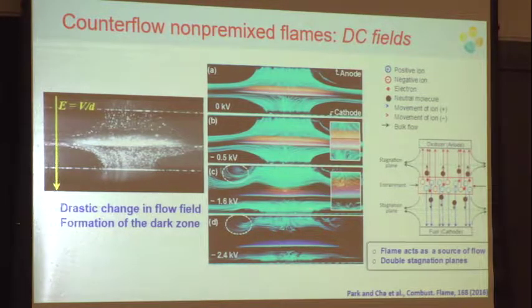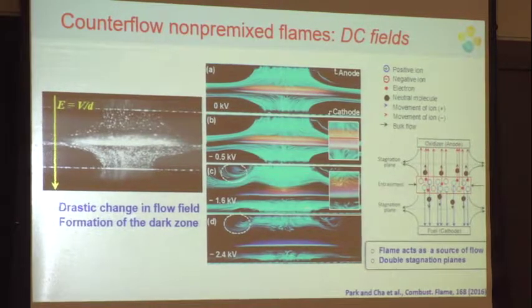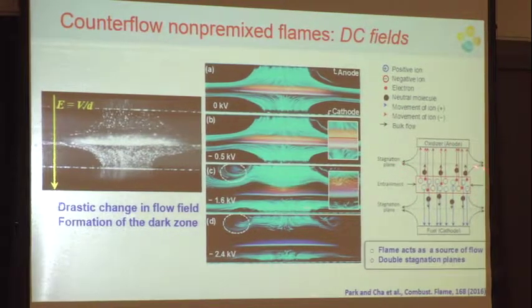So you have something from the flame. The flame is like a source of flow, and the positive ion moves that way, and negative ion moves that way, because the flow speed of the ions generated is bigger than the flow speed of the stagnation flow. So you are forming two new stagnation planes.